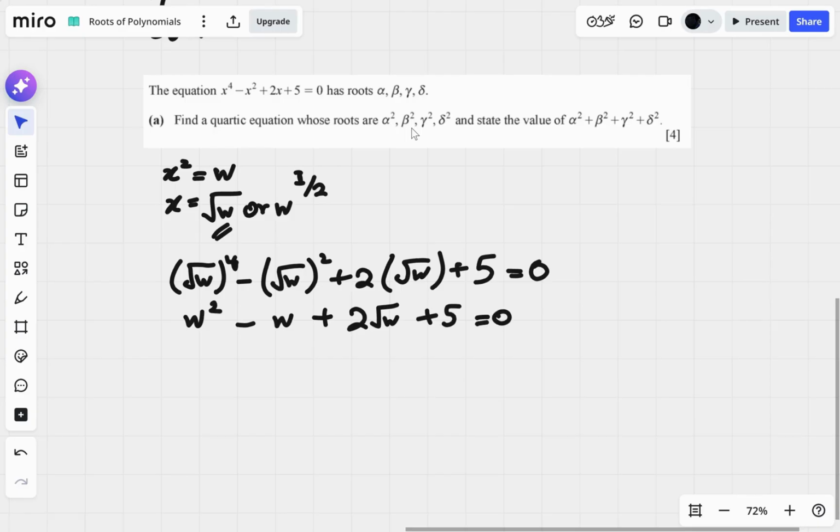So now what do we have to do? Let's consider taking the term 2 under root w to the other side and then squaring both sides to get rid of the root. Technically that is possible. That would become w squared minus w plus 5 on one side, and minus 2 under root w on the other.